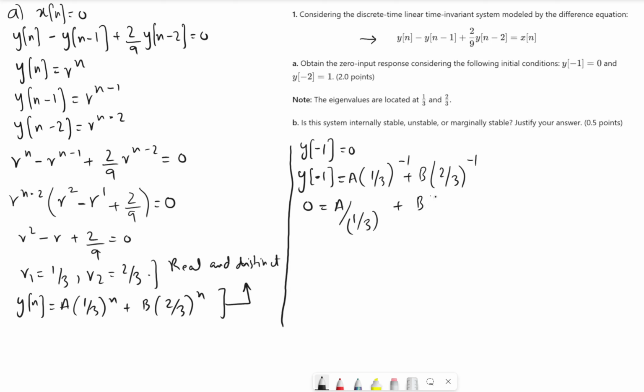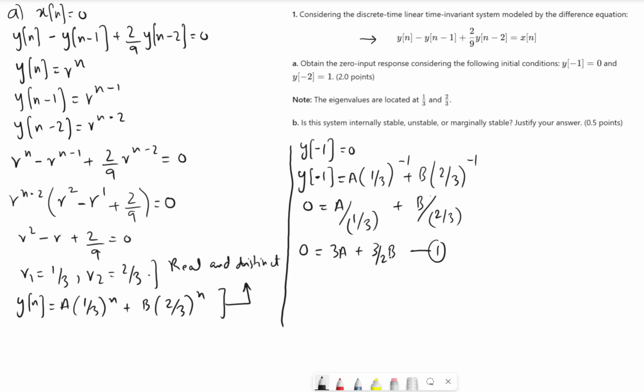And I can take this in the denominator as well. So that means 0 is equal to 3a plus 3 by 2b. So this is our first equation.